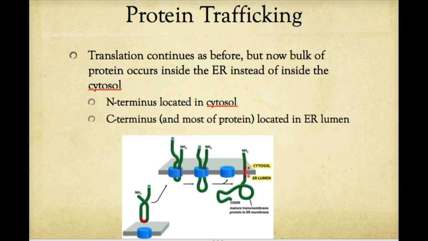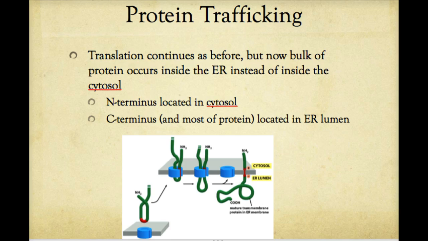So it turns out that when a cell embeds a protein into the ER membrane to create an integral membrane protein, it all depends on where it needs this protein to sit, how it needs it to orient.